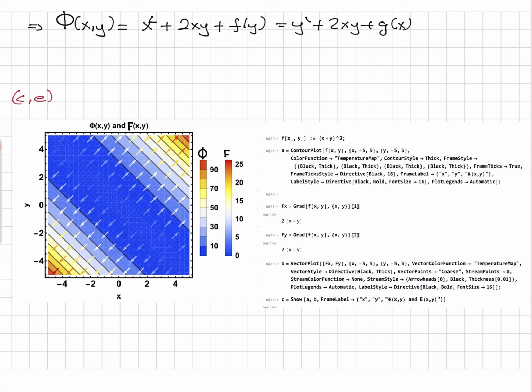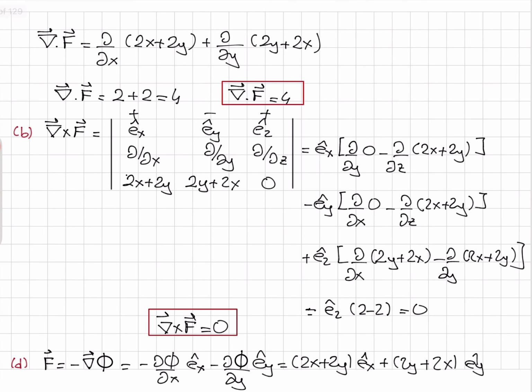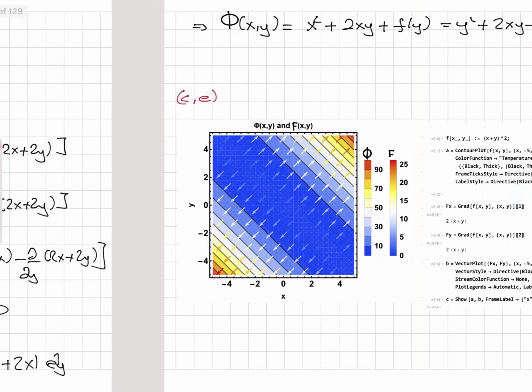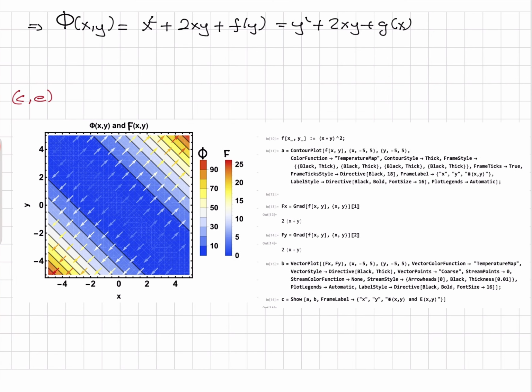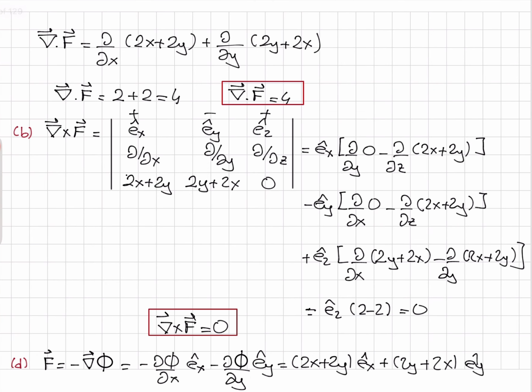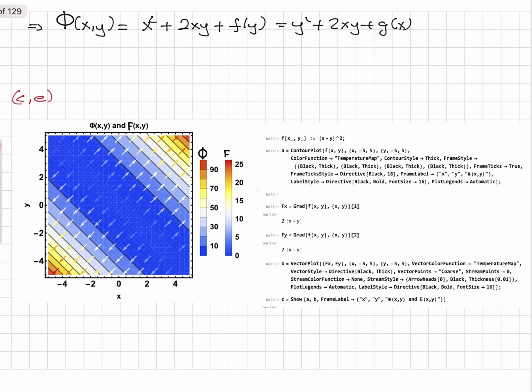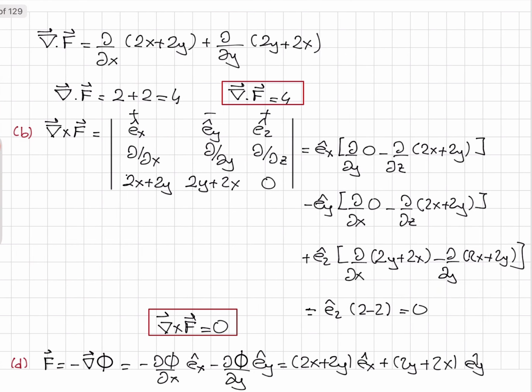Why? Because the partial derivative with respect to x will give me 2x plus 2y, and the partial derivative with respect to y will give me 2y plus 2x. So that's the situation here.